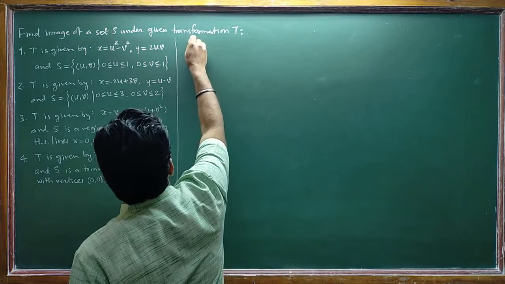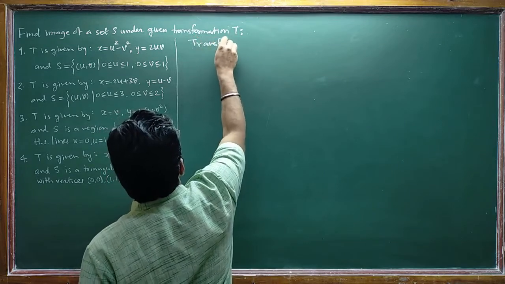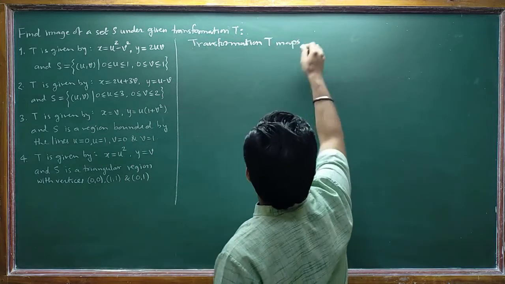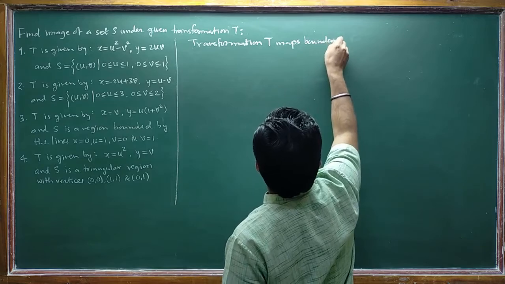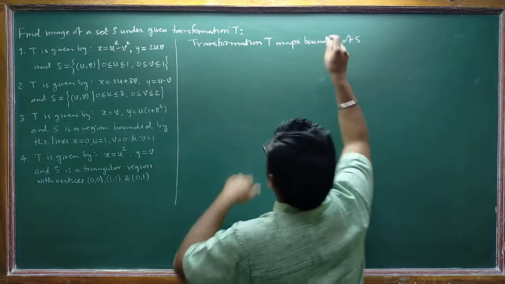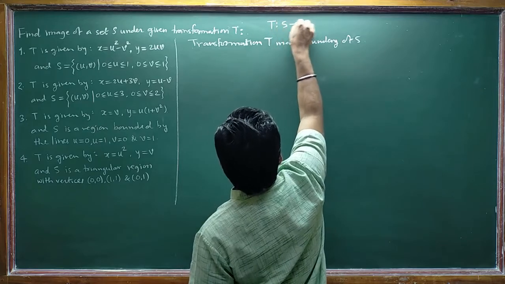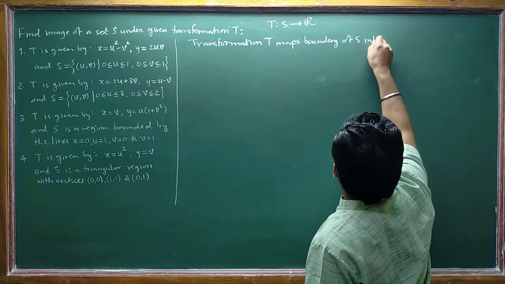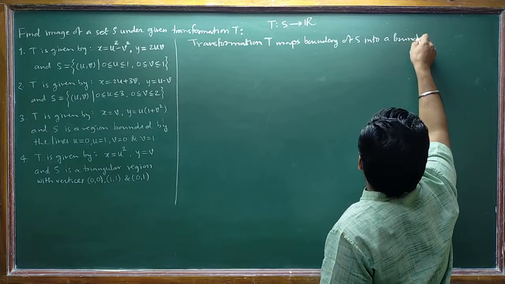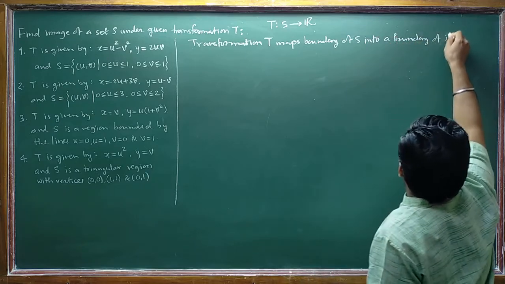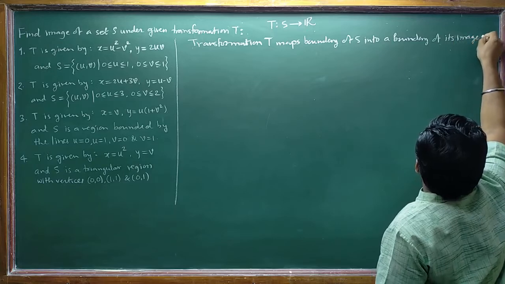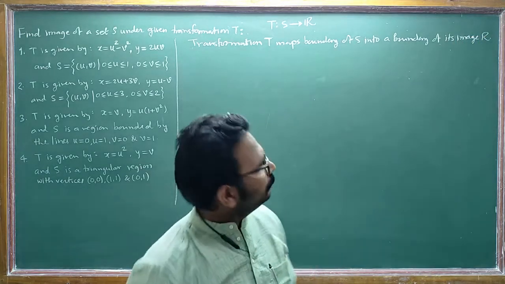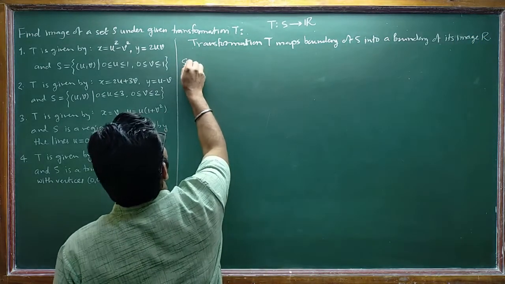So T is a transformation from S into R, and transformation T maps the boundary of S into the boundary of its image, which is R.